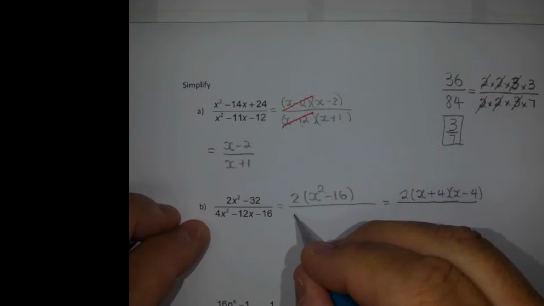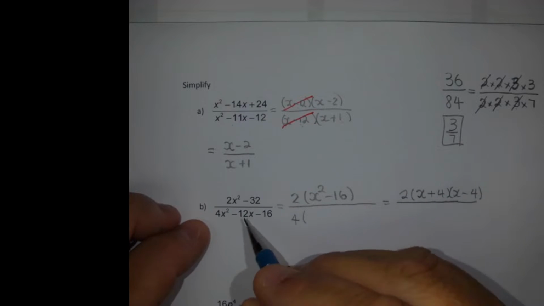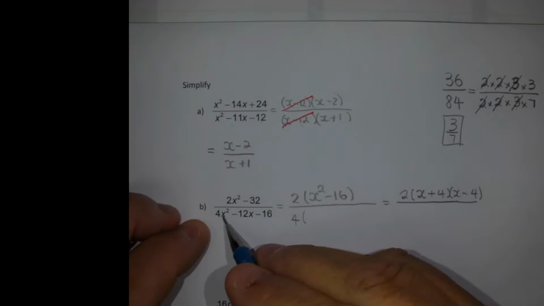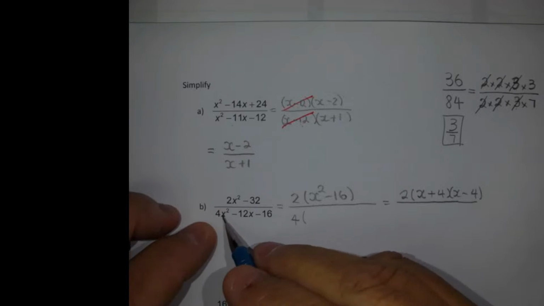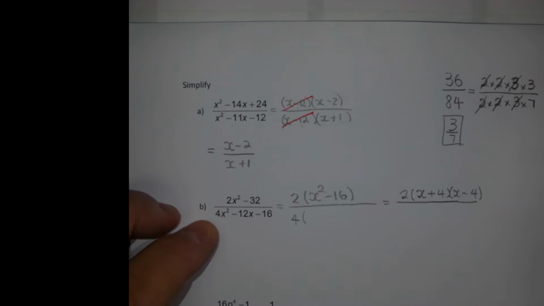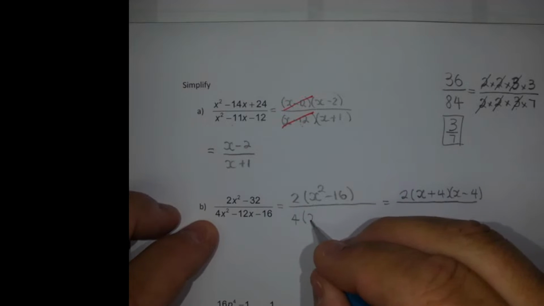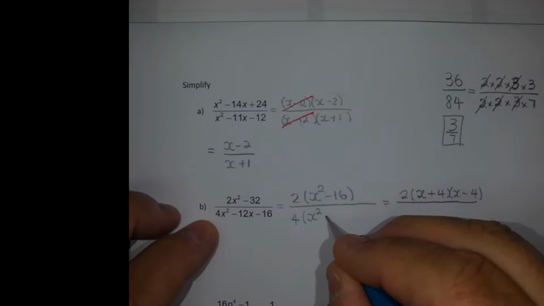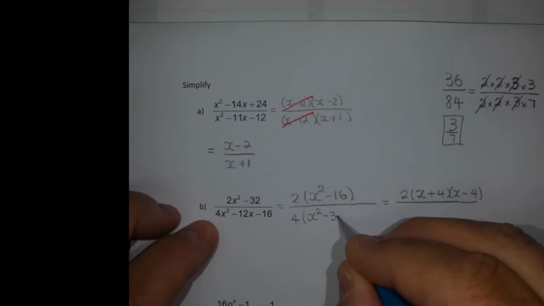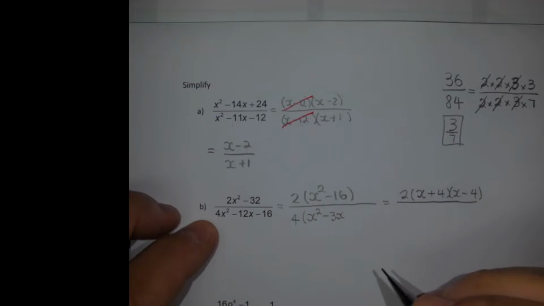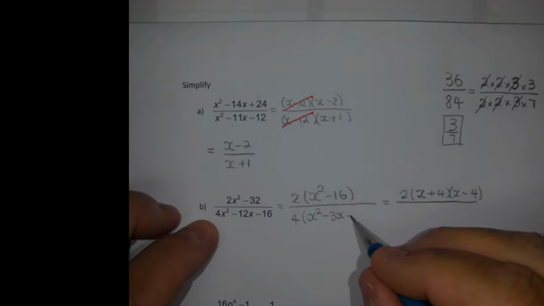Oh wow, look at this. I could take out a common factor of 4, because the only way for me to factorize this trinomial is if the coefficient of x squared is 1. So I'm going to first take a common factor out. That's going to give me inside the bracket x squared minus 3x, because 12 divided by 4 is 3, and minus 4.